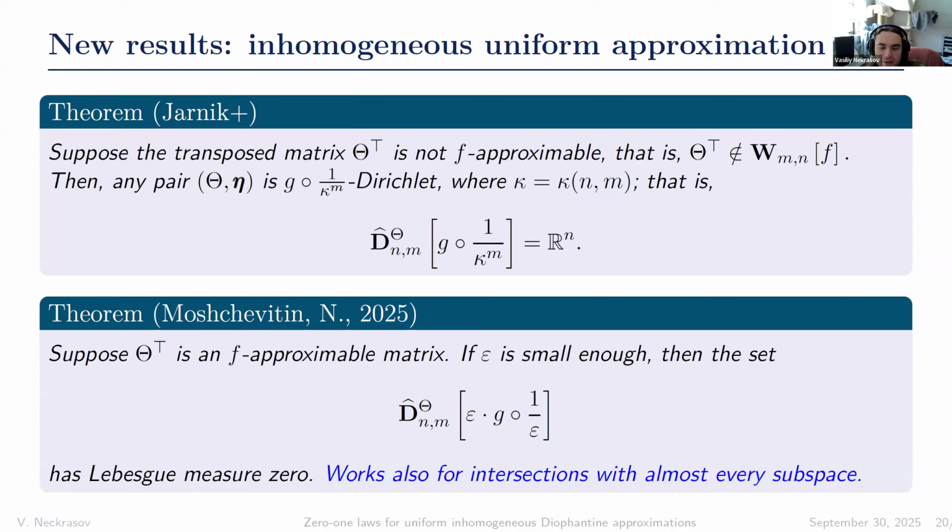And the other thing that I did not write down here, but I should, is that it's not just almost every subspace. We have a stronger statement: the set of exceptional subspaces, the subspaces for which it does not work, does not just have zero Lebesgue measure, it also has less than maximal Hausdorff dimension. In fact, we can say exactly what this Hausdorff dimension of exceptional subspaces is.